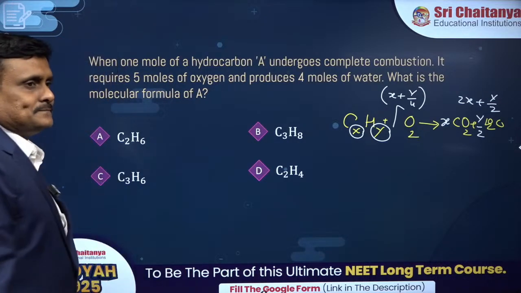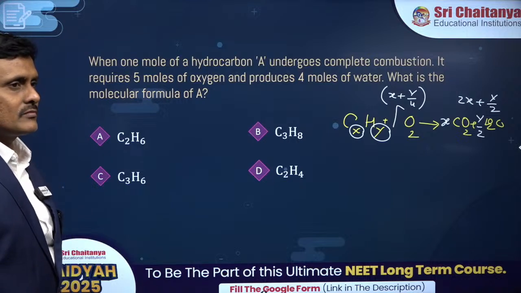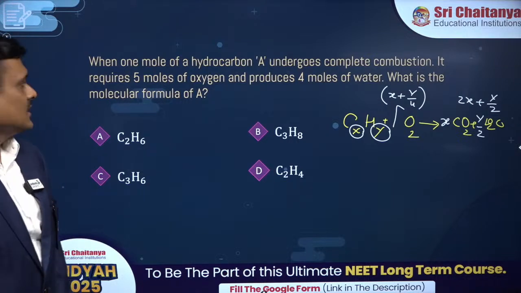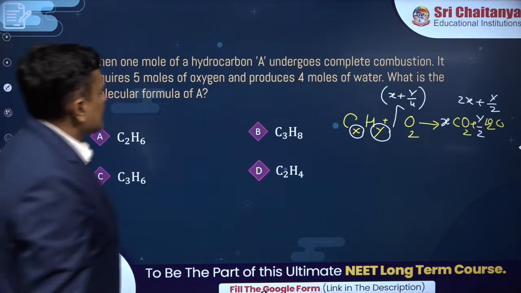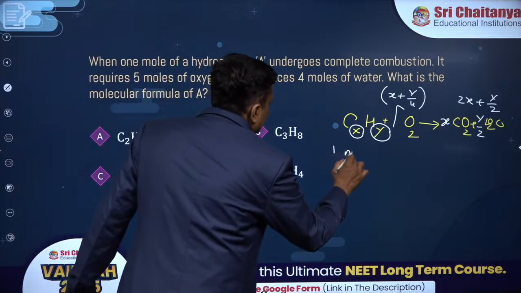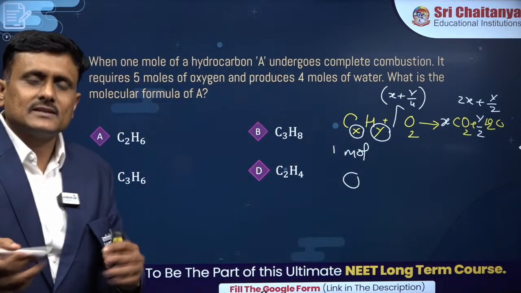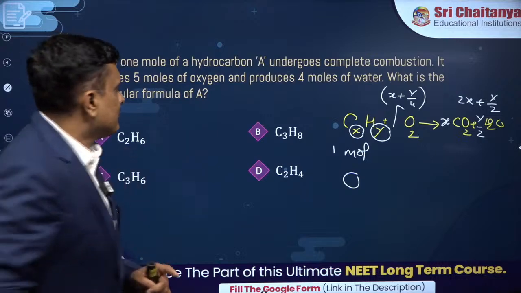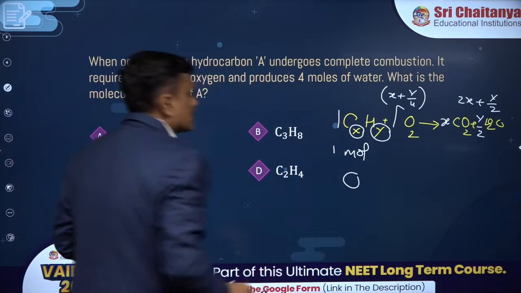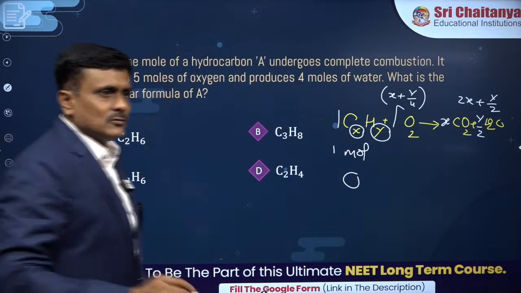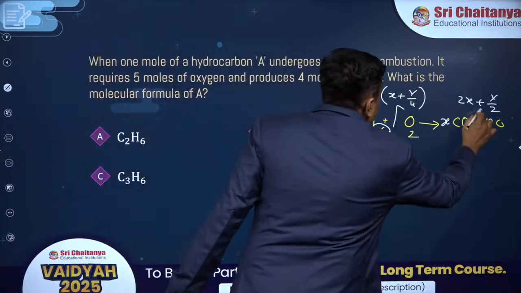Now listen buddies, come on, focus. Chinni, concentrate. You took 1 mole of a hydrocarbon, right? How much? 1 mole. Now this is completely burnt, completely combusted. 1 mole of hydrocarbon gives how many moles of water? y by 2, isn't it?